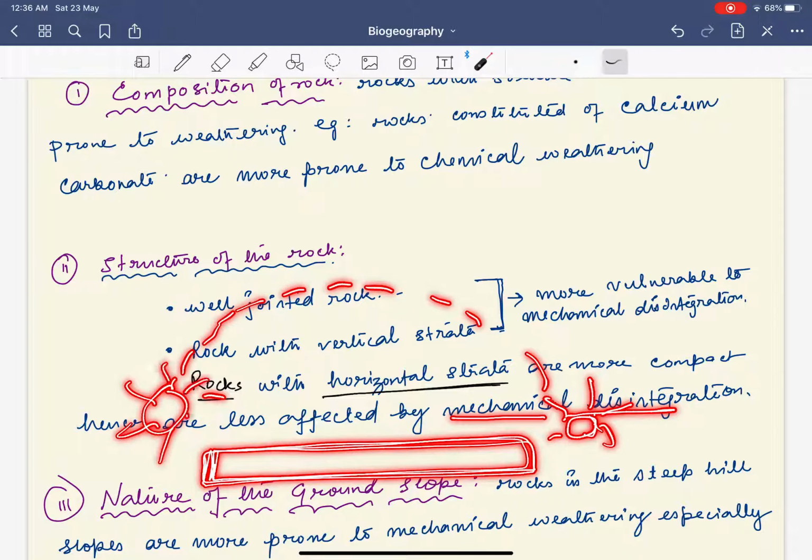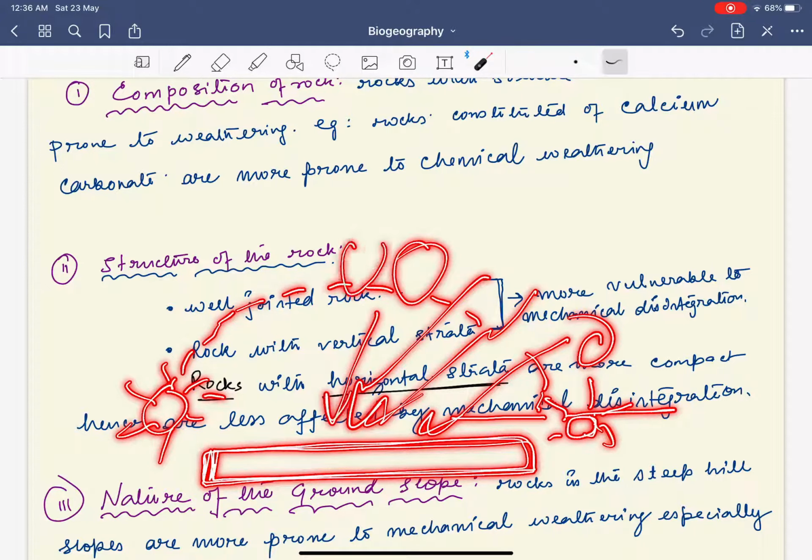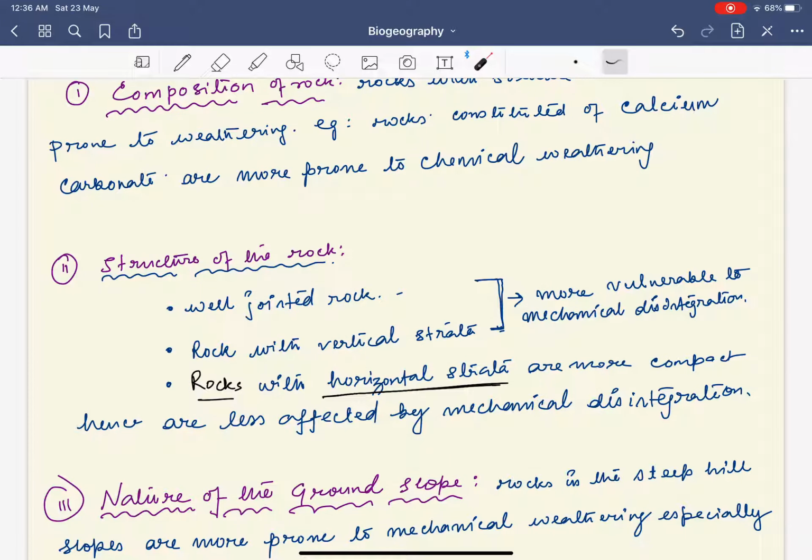The rays are directly slanting and the rocks have almost a similar temperature. Hence, they are not subjected to so much disintegration. When I say they are less affected, it means that yes, they are affected by mechanical disintegration, but when we compare it to the vertical strata, they are less affected. I hope you got this clarity.